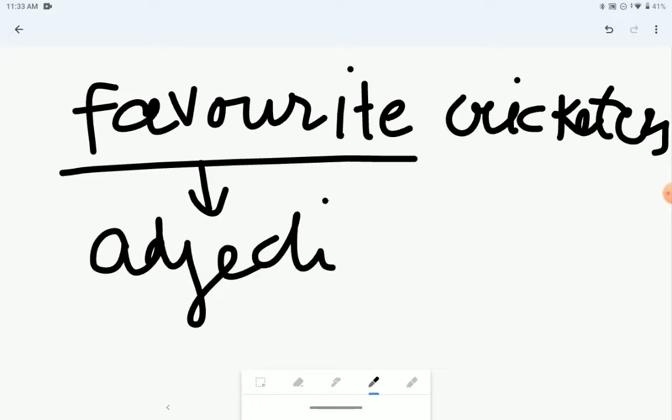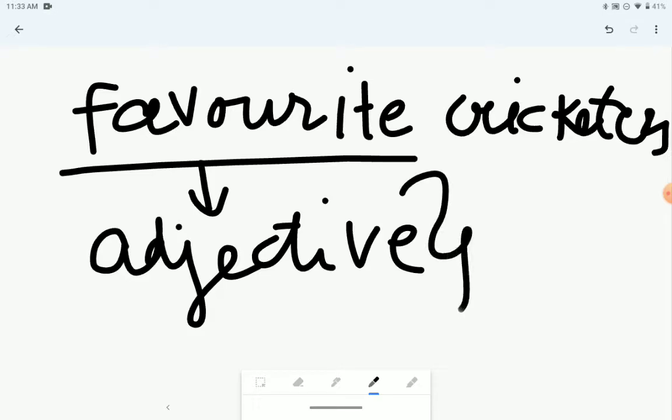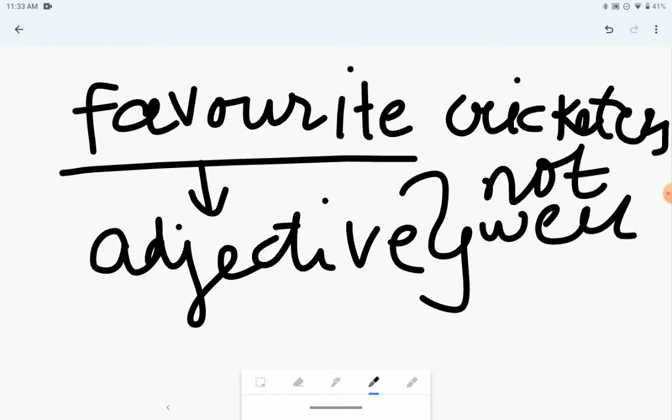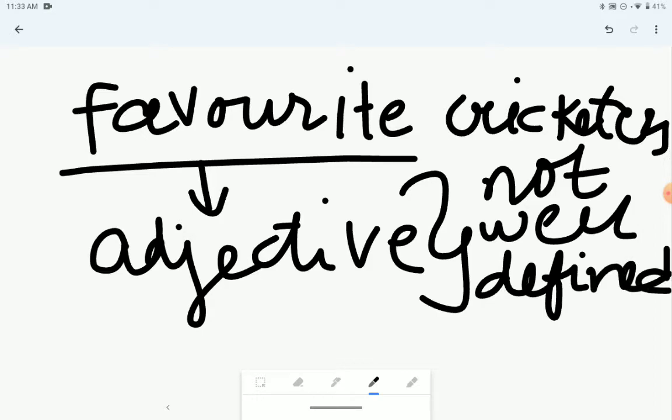That means if there is an adjective which is describing something, then it is not well defined. Favorite is according to one's perspective, but a set is well defined for everyone. If you take some collection of objects, it should be the same everywhere and for everyone. It should not change for anyone. It should not be distinct. It should be the same.